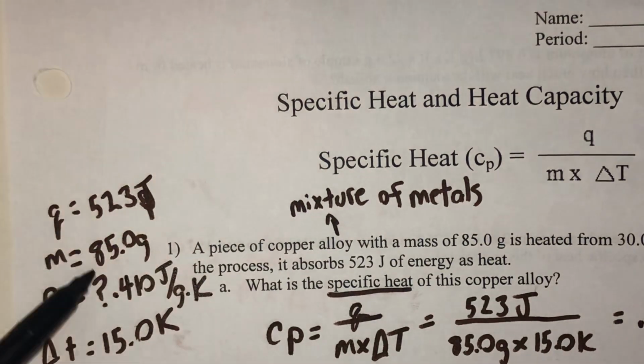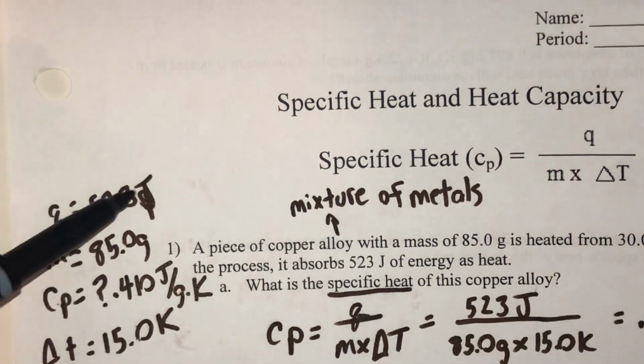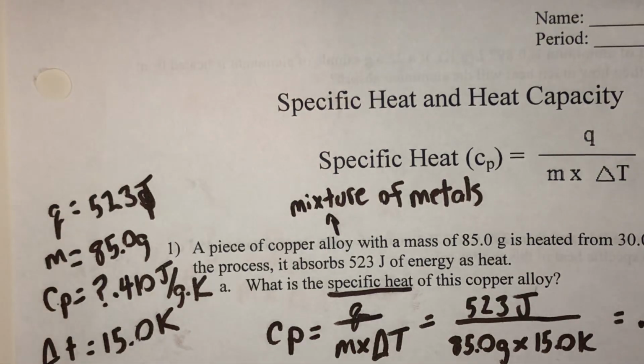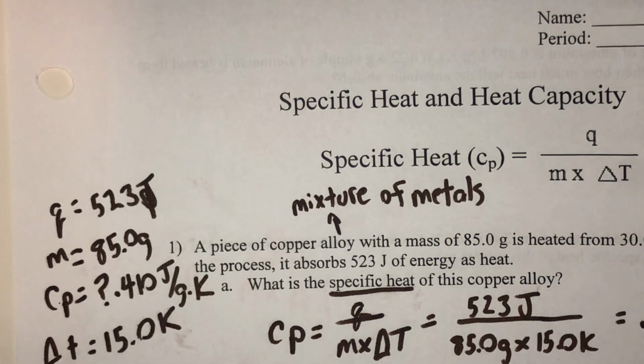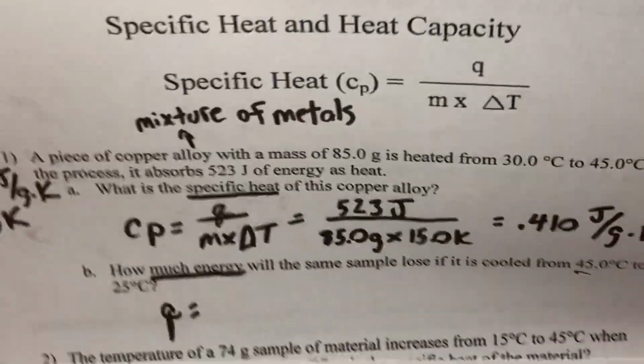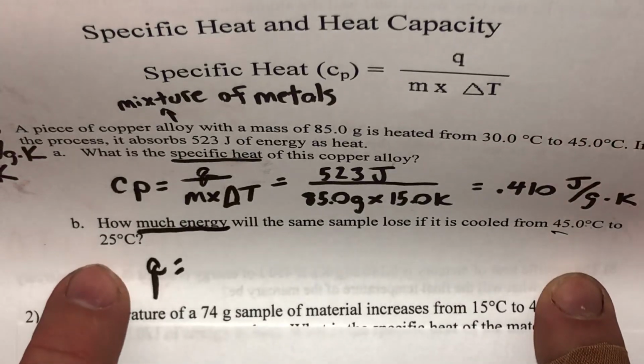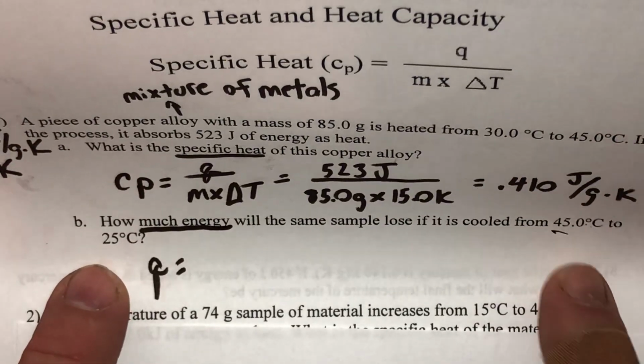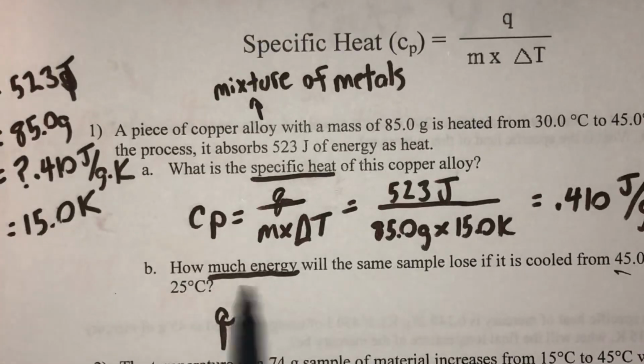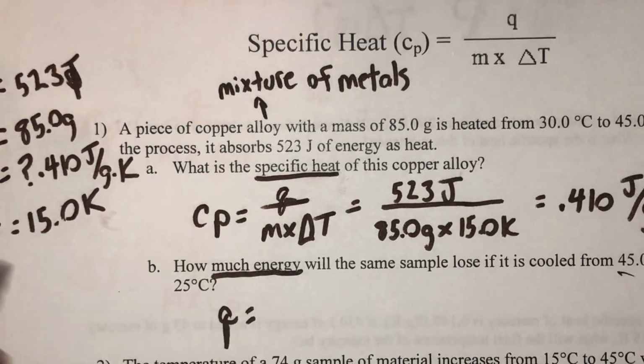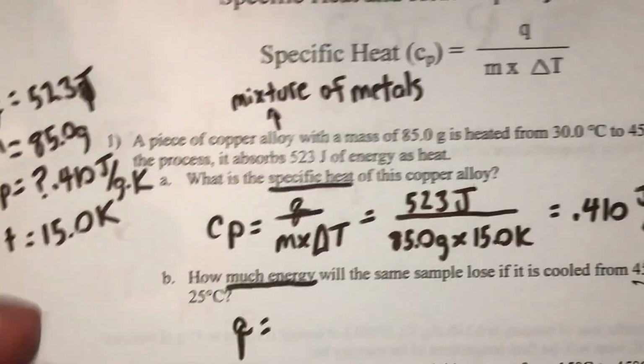Now we're going to solve for a different Q. Instead of 523, it's asking how much energy will the same sample lose if we cool it. So what's our delta T this time? 45, sorry you couldn't see that, 45 down to 25. Our delta T is a 20-degree difference.